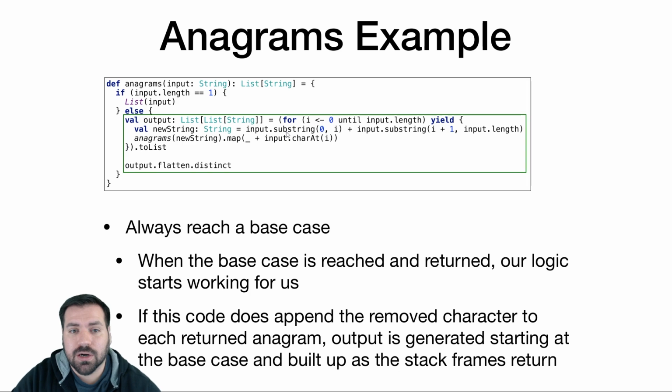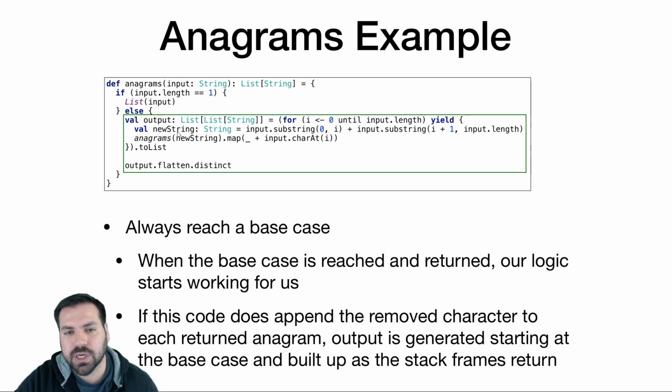So we have to make sure our logic is correct. So what are we actually doing here? What we're doing is iterating over the characters of the input string. And for each character, we're going to remove that character. We're going to use substring to remove a character.